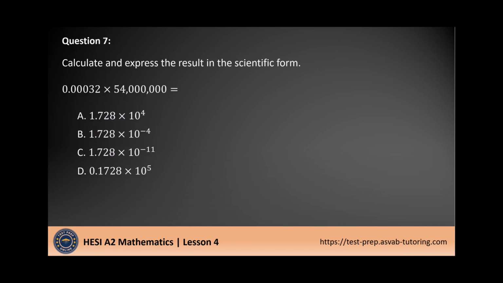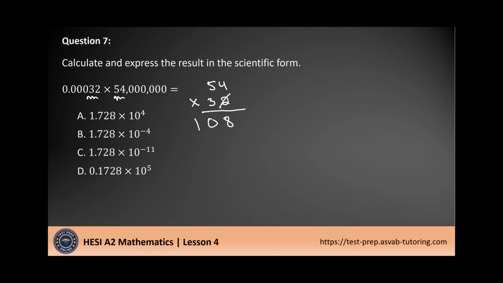Calculate and express the result in the scientific form. So this might look intimidating. We have a lot of zeros here, but we can make it easier on ourselves by just focusing on this 32 and this 54. We're going to do 54 times 32, and then we're going to worry about all of those zeros later. 4 times 2 is 8, 5 times 2 is 10.